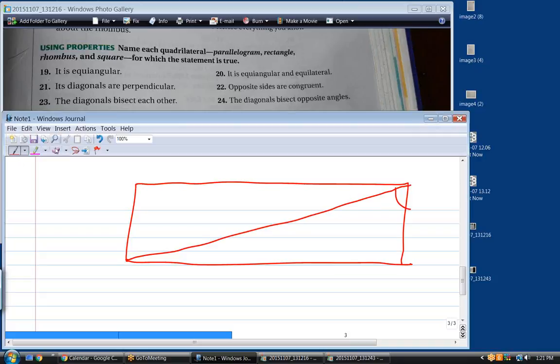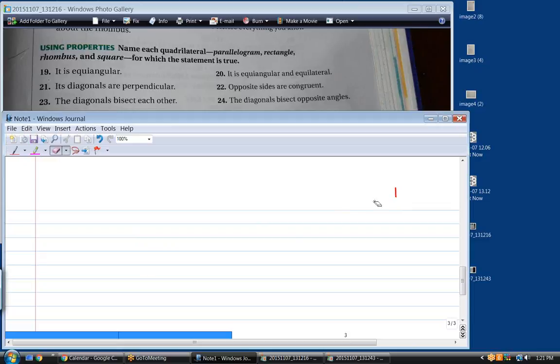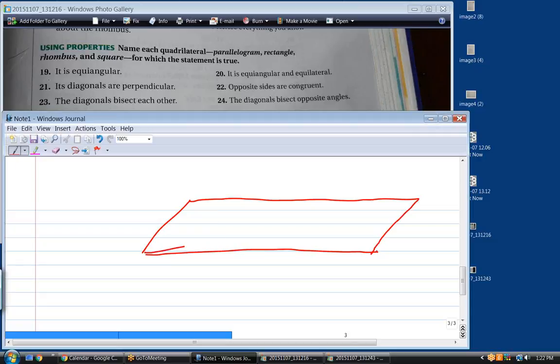Parallelogram is the only one we haven't done. If I draw a really long parallelogram like that, they appear to, and I think they do.